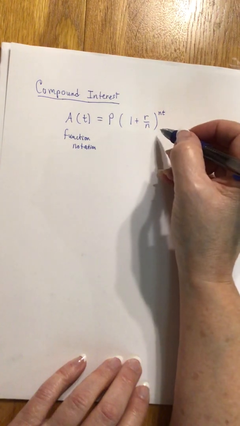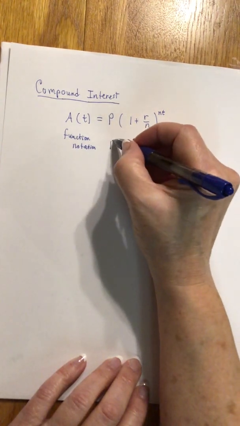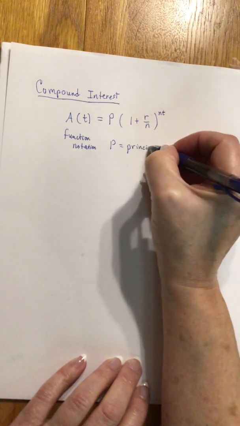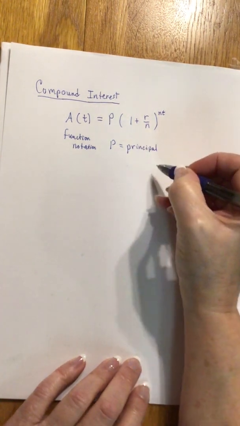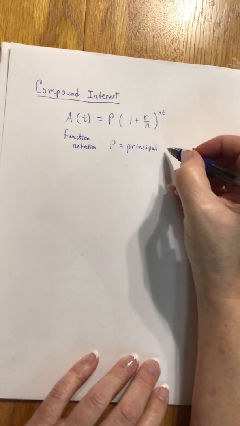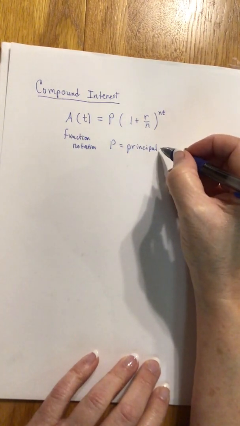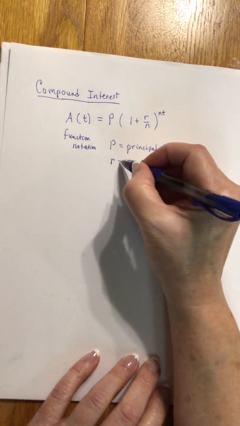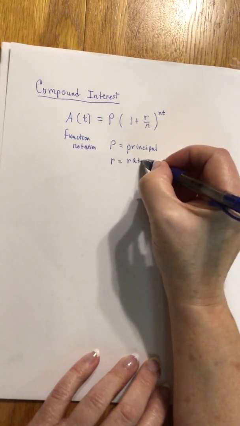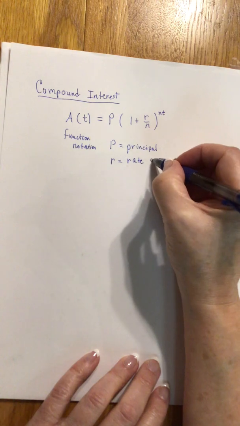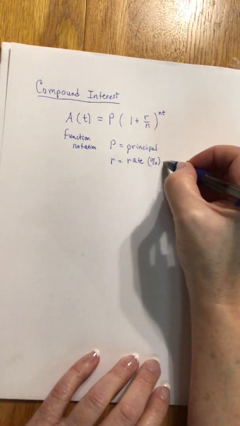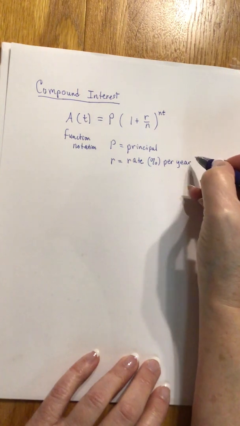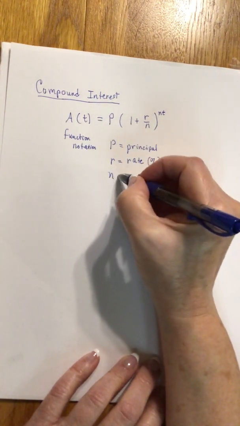So in this formula, the P is going to be the principal. Now, the principal is the amount of money you're putting into the account. The r is going to be the rate, and it's going to be the percent per year. The next one is the n.